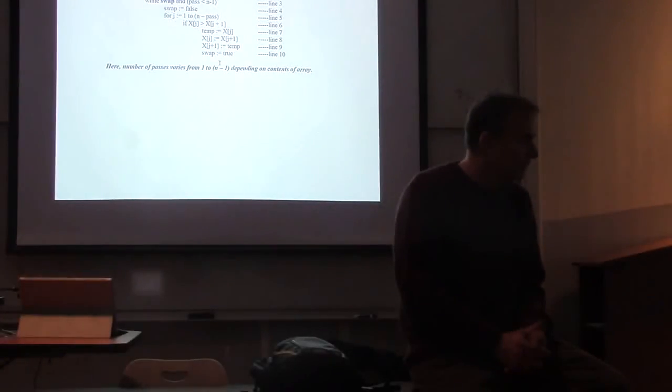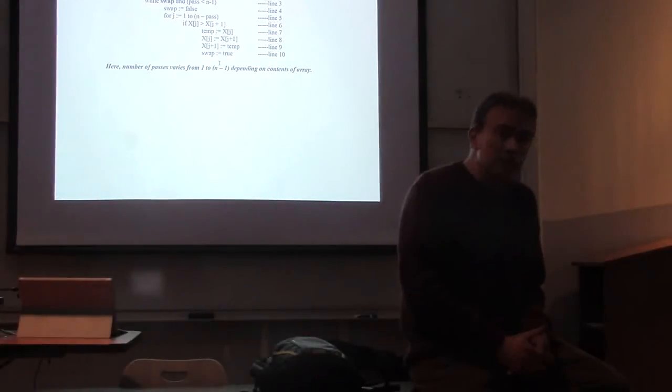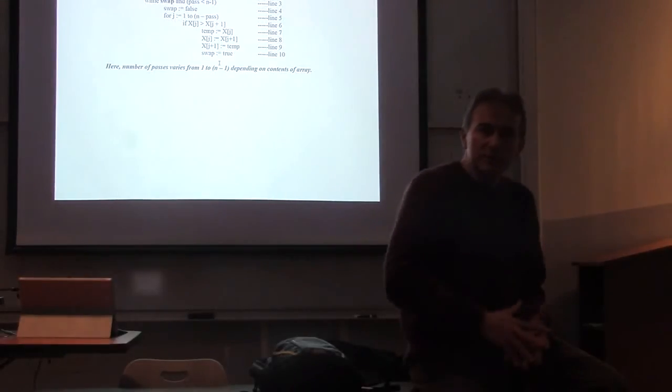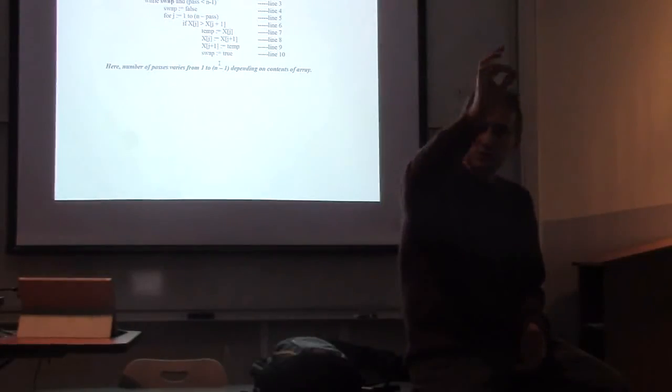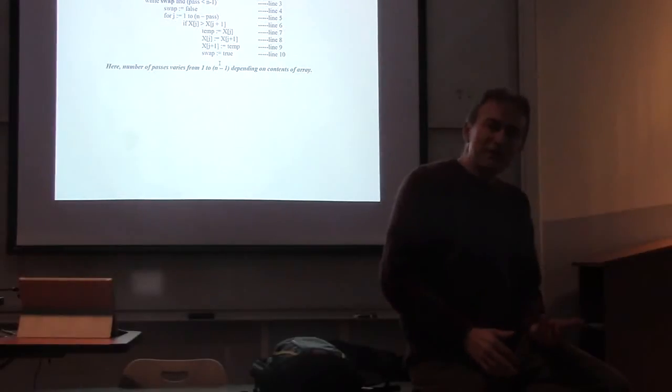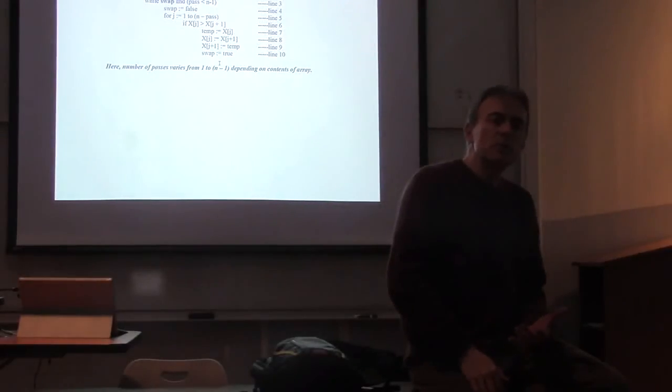Am I right? Now, the number of elements is 10. If these elements are randomly organized, how many orders of 10 elements are there? How many ways can I order 10 elements? 10 factorial, because I have 10 choices for the first one, 9 times 8, 7, 6, 5, 4, 3, 2, 1. 10 factorial is roughly 3.6 million.